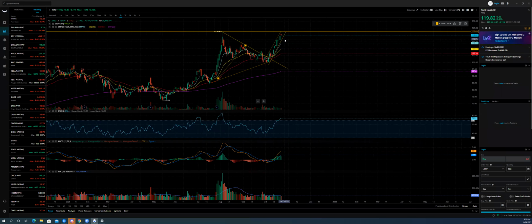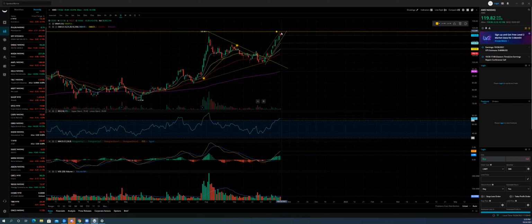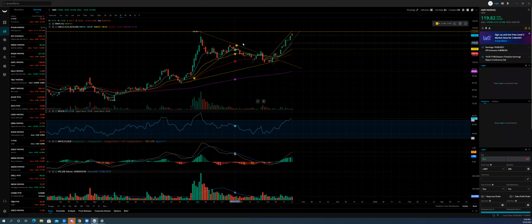So if this one doesn't keep breaking out, it could come back down and retest around 114, somewhere around here. We have some support at 114.50. This line right here is going to act as your support. This candle right here lines up with this candle right here.